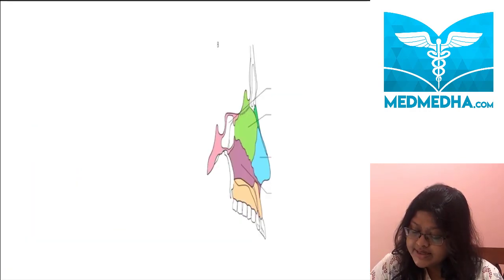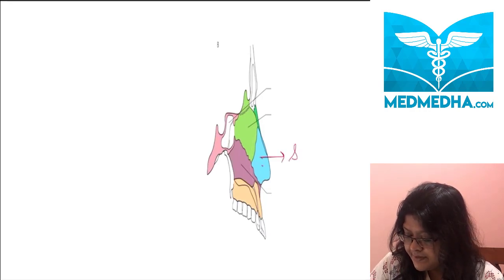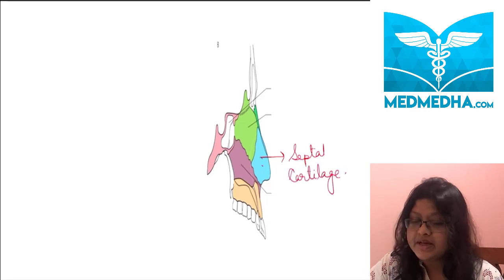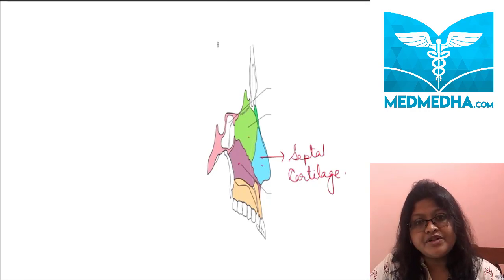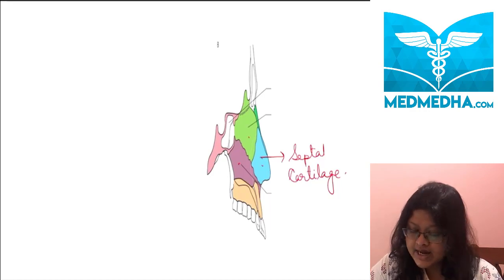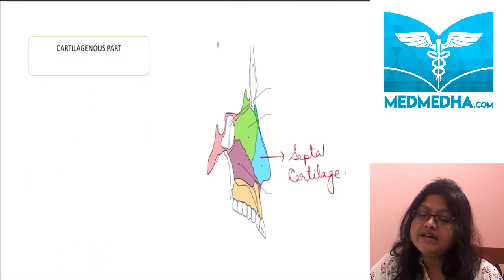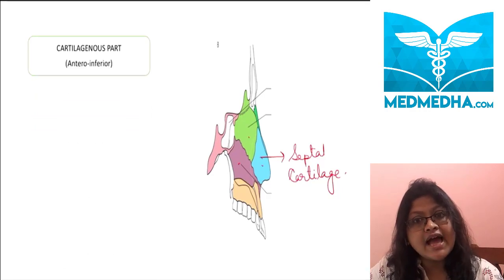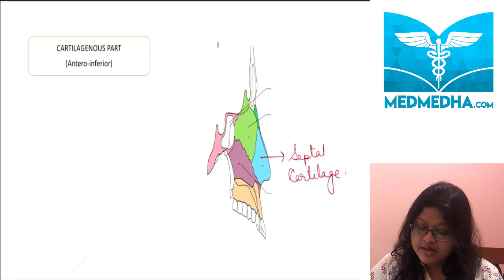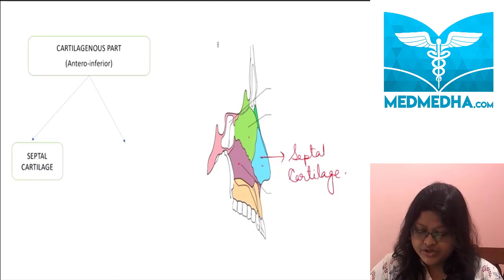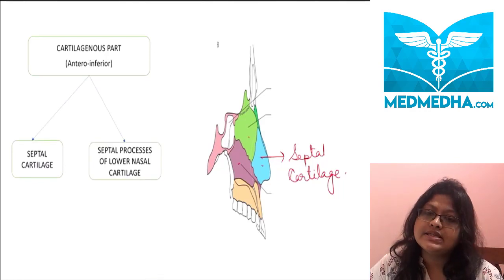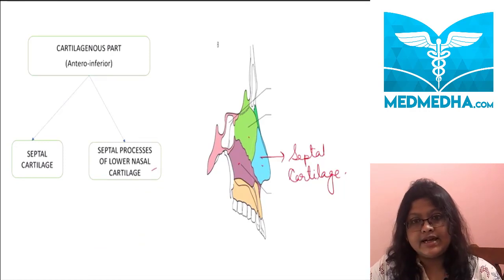Now, if we come to the cartilaginous configuration of the nasal septum, this is the septal cartilage. This septal cartilage articulates with different bones and cartilages. The cartilaginous part, placed antero-inferiorly in the nasal septum, consists mainly of two cartilages: the septal cartilage and the septal processes of the lower nasal cartilage.